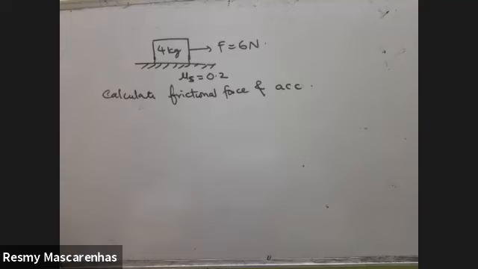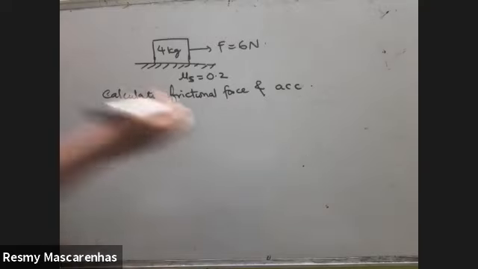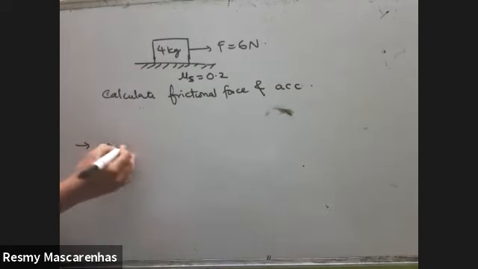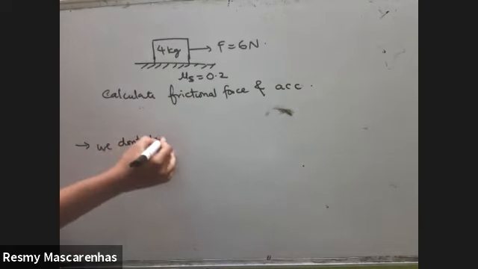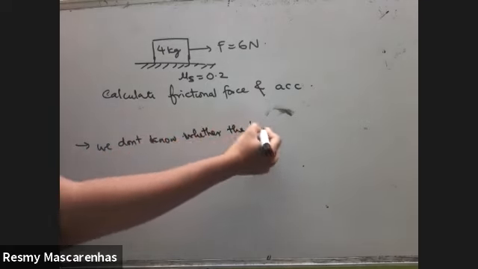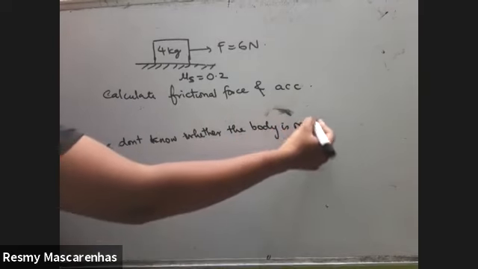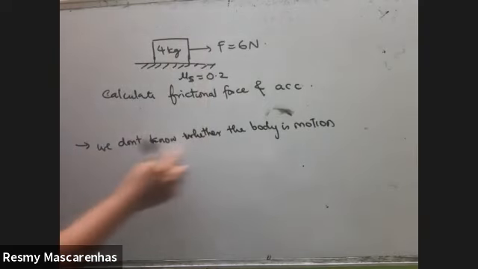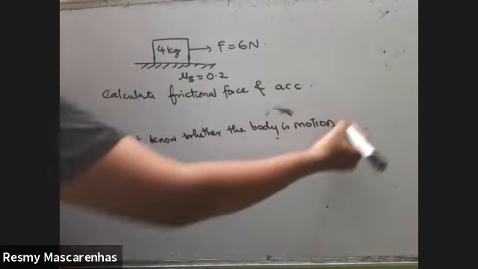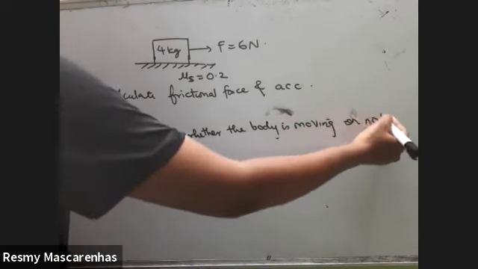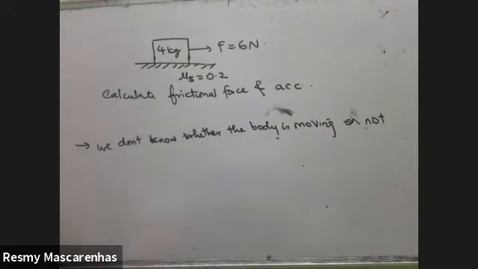So how to know whether it is moving or not moving? So before that, if we want to know moving or not moving, we write and keep, we don't know whether body is in motion. If it was said body is in motion, then definitely you know that it would be kinetic, but now nothing has been mentioned, so we don't know whether the body is in motion or at rest.